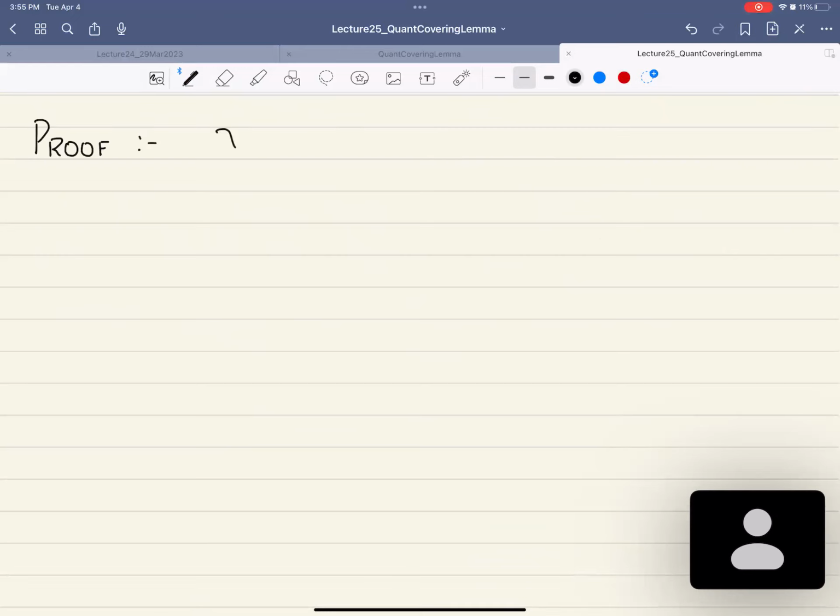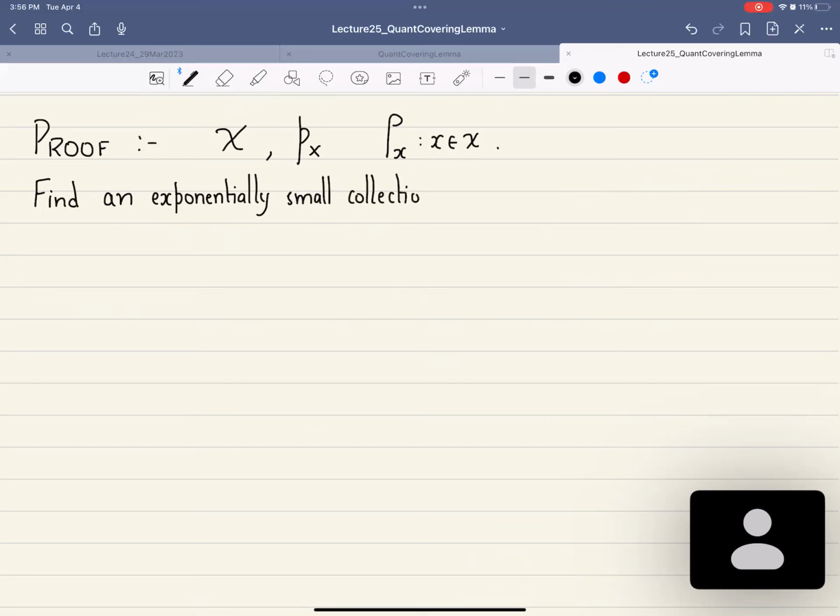I have X, I have a distribution P_X, I have a bunch of density operators ρ_x, and I want to find an exponentially small collection x^n(1) until x^n(M).